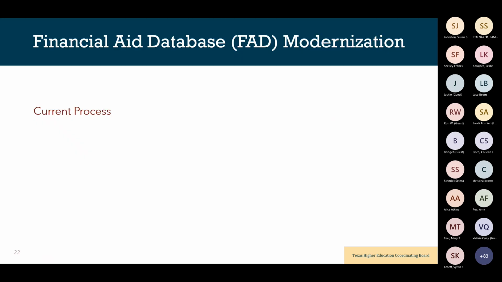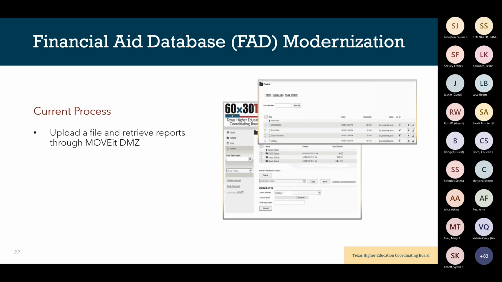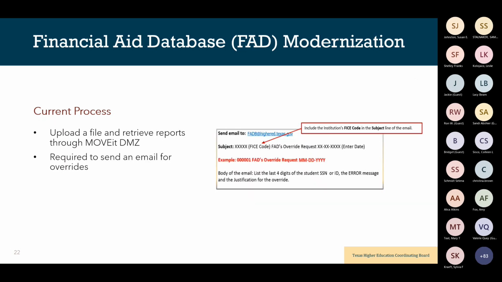So the current process, as you may be aware, is you upload the file and you retrieve your reports through Move It DMZ. Okay, so that's the current way. When you have overrides, I just talked about this, you have to email them to us, right? You type up your email, you have to wait and wait and wait, and then eventually you'll get a response, and then you submit your file.